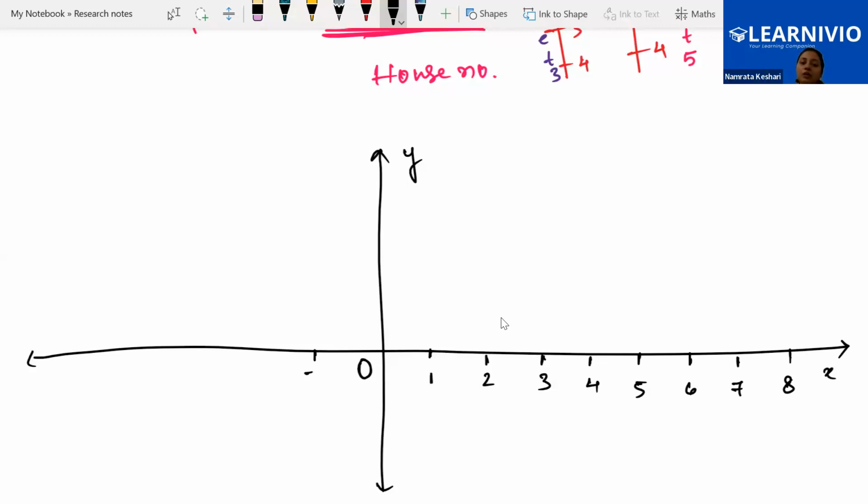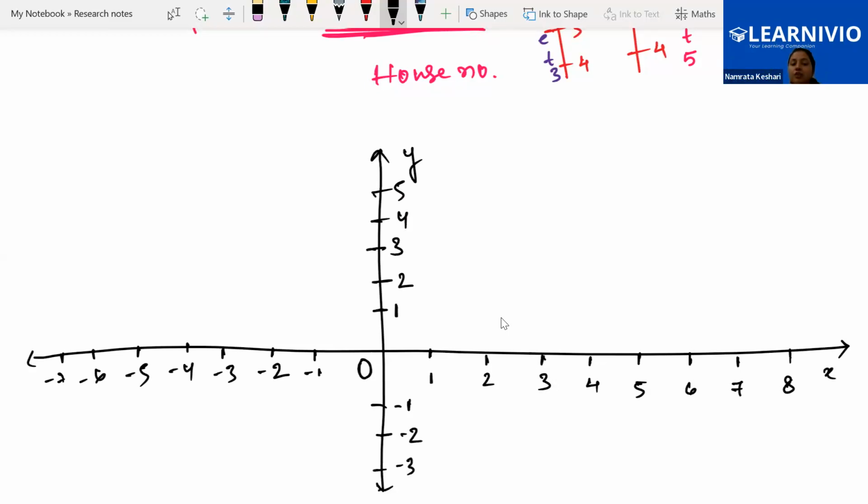Okay. Similarly, on the other side, -1, -2, -3, -4, -5, -6, -7. On the upside, +1, +2, +3, +4, +5. On the downside, -1, -2, minus going.